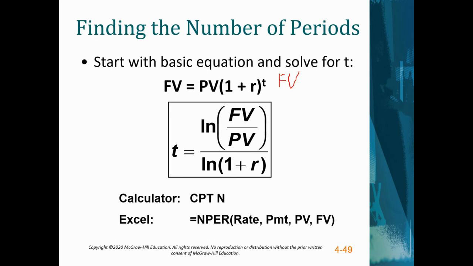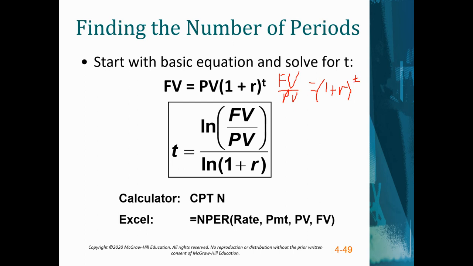My future value divided by present value is equal to 1 plus r to the t power. Now we want to solve for t, but t is in the exponent up here. So how do we do this?